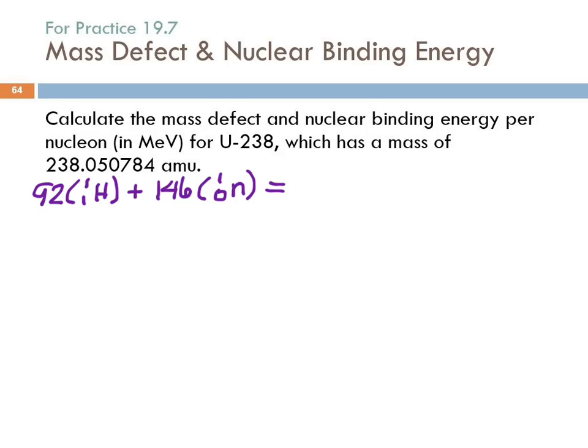So that's 1.00783. So 92 times 1.00783 atomic mass units. And then we've got 146. That's a lot of neutrons. Neutrons are 1.00866. Those are all atomic mass units.